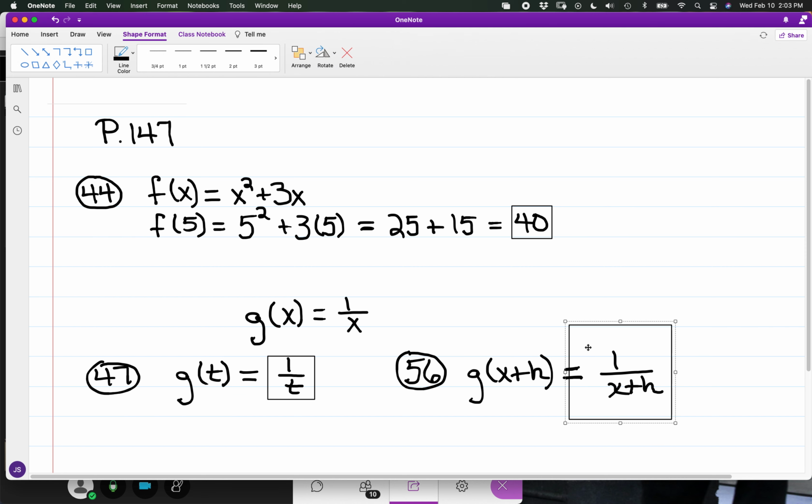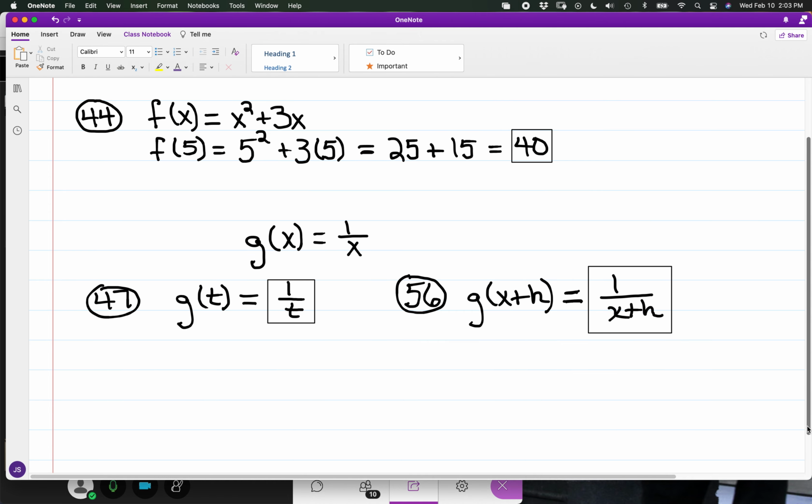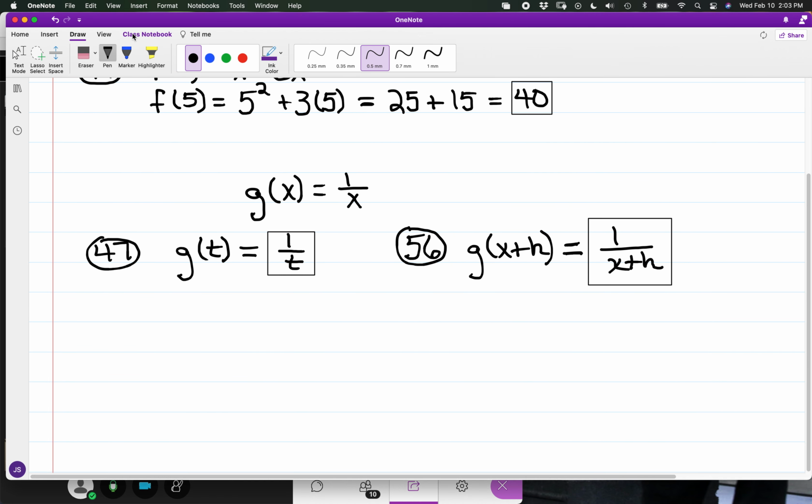We are now crossing over into looking at the domain of given functions, fast forwarding to number 100. We have a change in the variables. This time for part A, we're looking for the domain of y of t equal to the square root of 16 minus t.